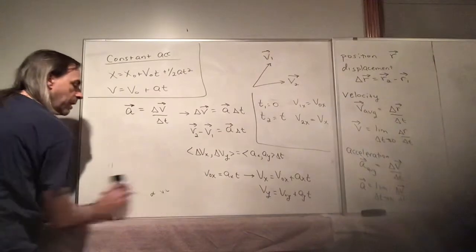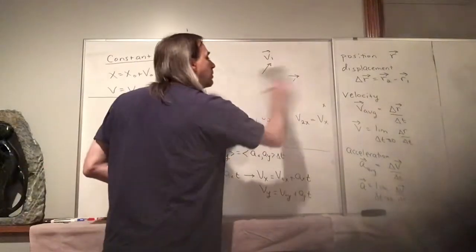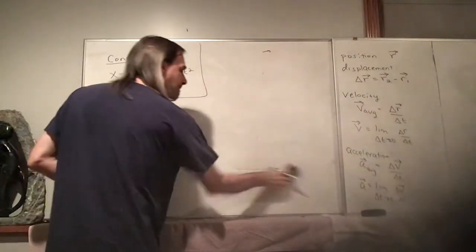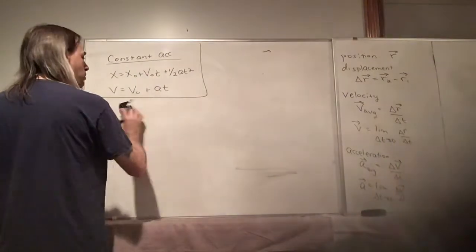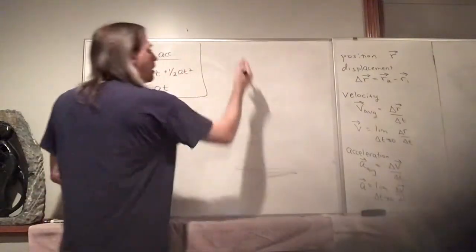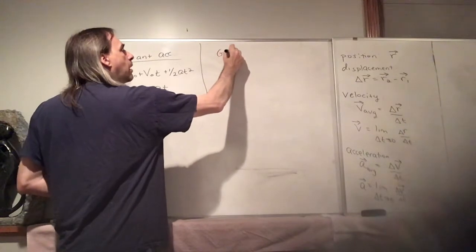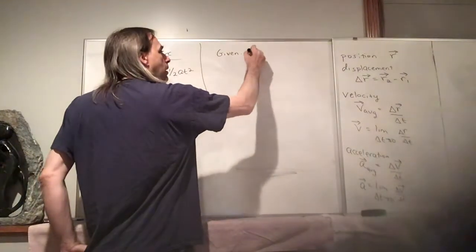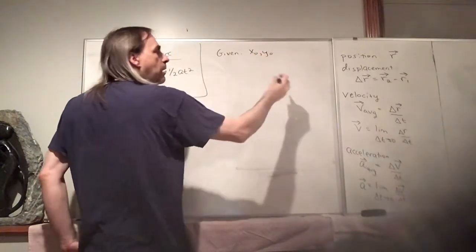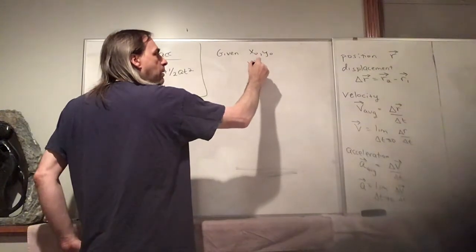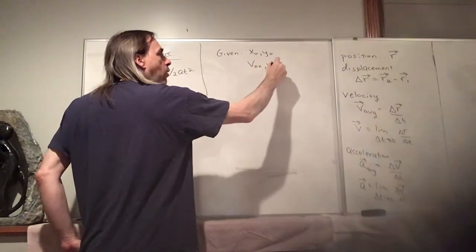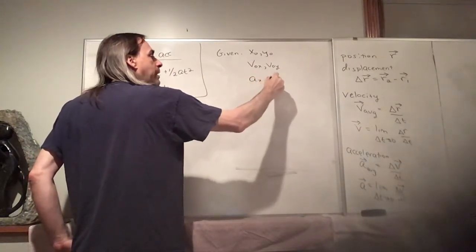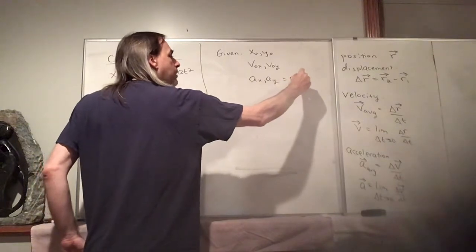So let's write down the entire result. We're given, now I'm going to write this a little differently, the initial position, that would be x naught and y naught, the initial velocity, v0x and v0y, and the acceleration, which has components ax and ay, which are constants.